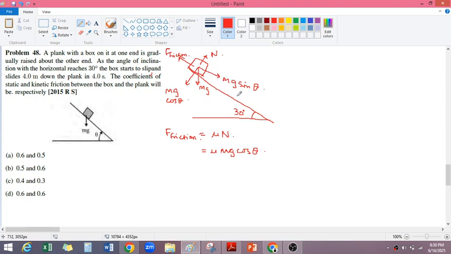So that means this has to be equal to this. Maximum static friction.